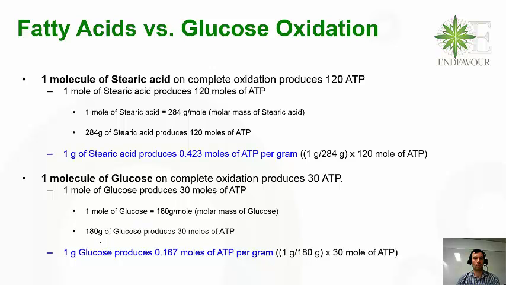So if you do 180 grams of glucose and divide 30 moles of ATP by that, then for 1 gram of glucose, you're actually getting 1.67 moles of ATP per gram. So you can see that per gram, you're getting about 2.5 times more moles of ATP for the fatty acid than you do for the glucose.